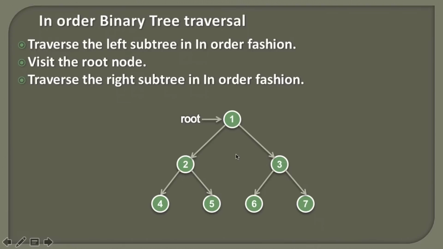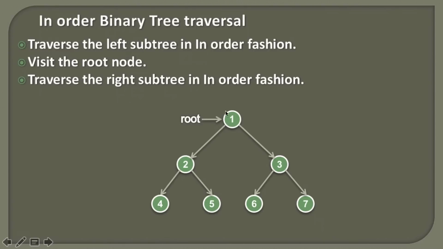So let's take an example of the below binary tree. Now let's suppose we want to visit each and every node of this binary tree. So we start with the root. Here you can see root is pointing to node 1. Now we apply these 3 steps on the node 1. Step 2 is involved in the processing of the node which we are currently pointing to.